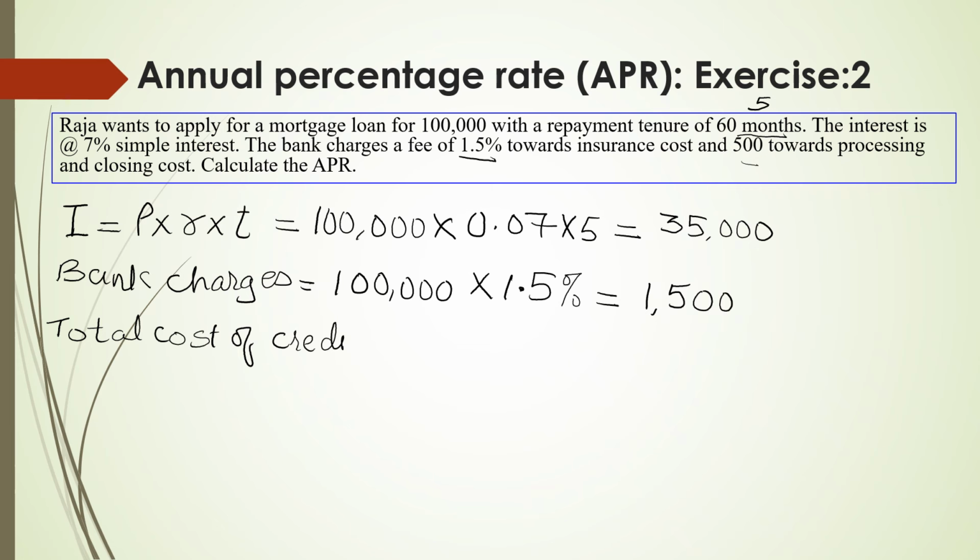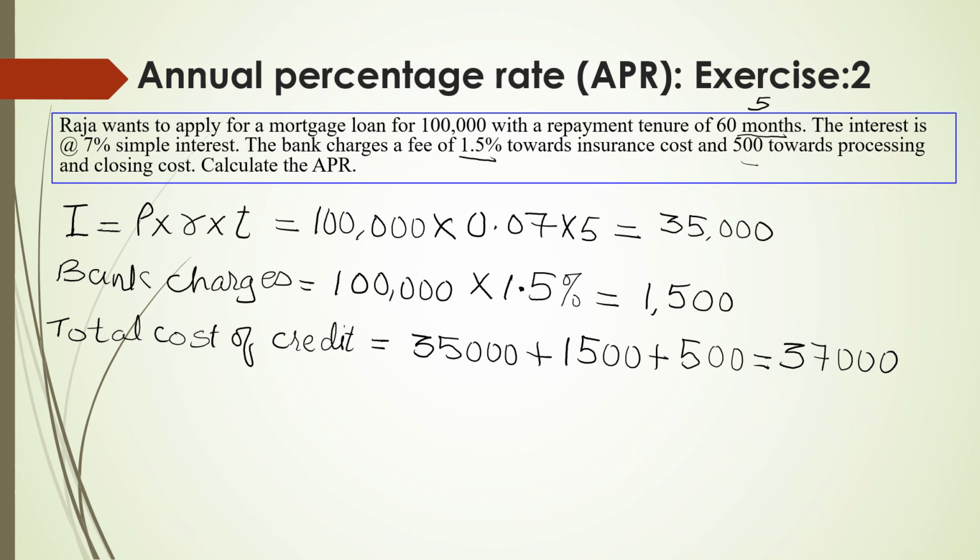Total cost of credit is equal to how much? 35,000, which is interest, plus bank charges 1,500, plus processing and closing cost 500. So when we add 35,000 plus 1,500 plus 500, we get 37,000. This 37,000 is Raja's total cost of credit.